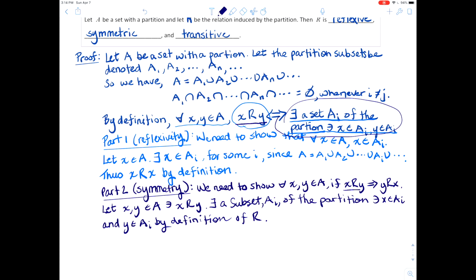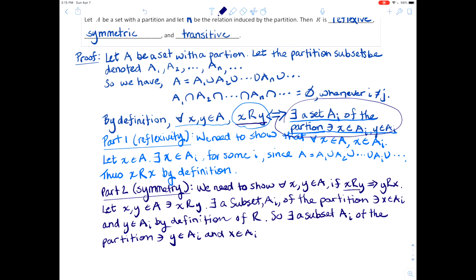Of the relation. So there exists a subset AI of the partition such that y is an element of AI and x is an element of AI.